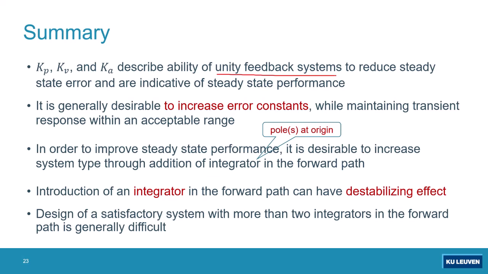Designing a satisfactory system with more than 2 integrators is in general difficult. So at most, in practice, we only add 1 integrator in our unity feedback system. Starting from adding 2 integrators, it becomes more difficult, in particular, to maintain the stability of the system.